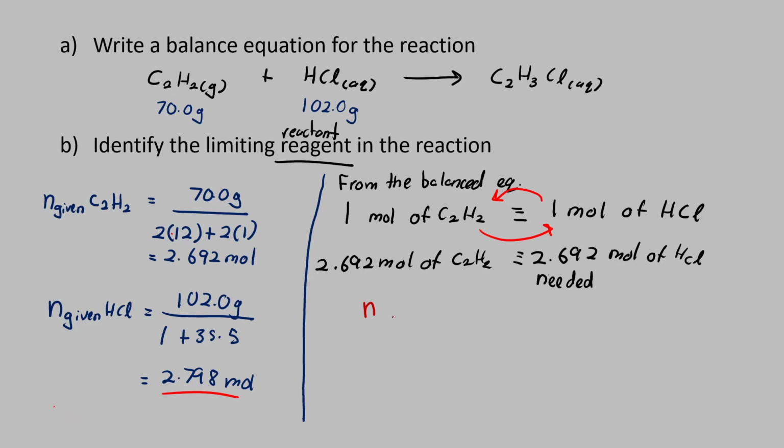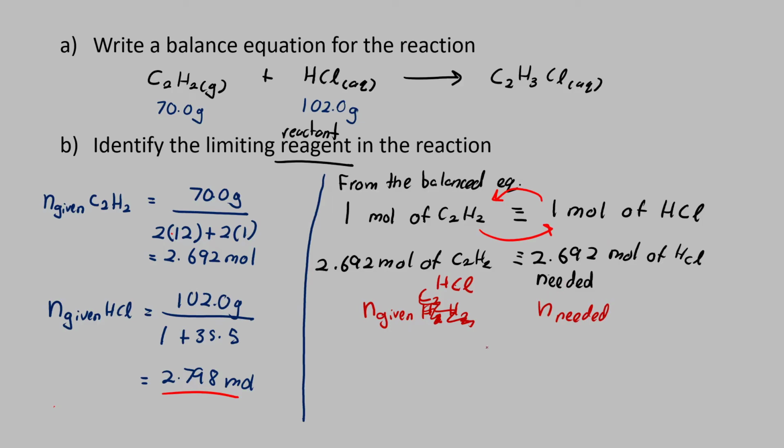So N given of C2H2 with N needed of, my god, this is not right. We should compare this HCl, because this one we are looking for HCl.